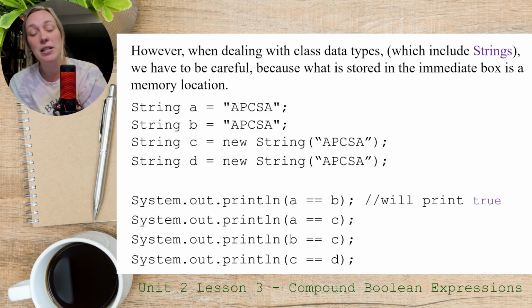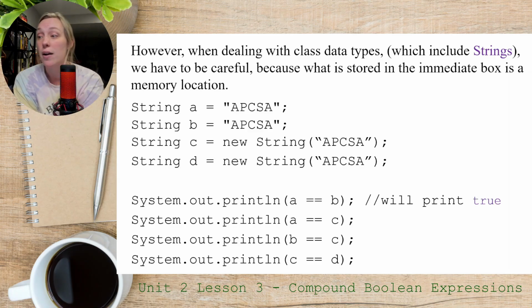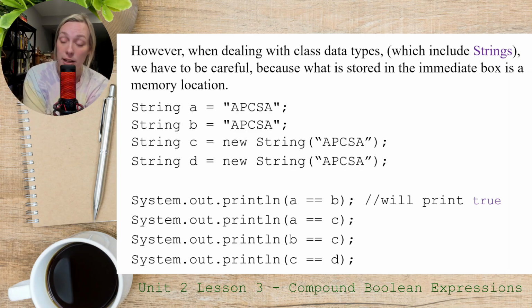And the reason it prints true is because of this fancy thing called the string pool. And without getting into too much crazy detail, basically the string pool is an efficiency feature in Java that allows Java to look in the string pool if a string is already in use. If you create a string like string A equals APCSA, that string is put in the string pool.